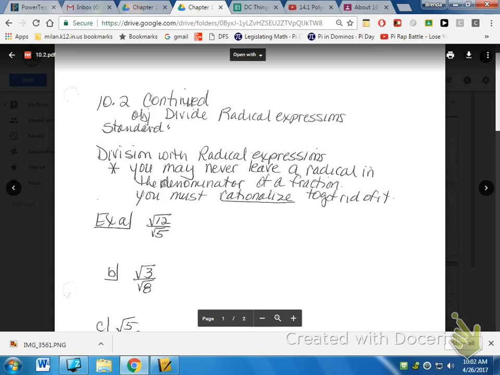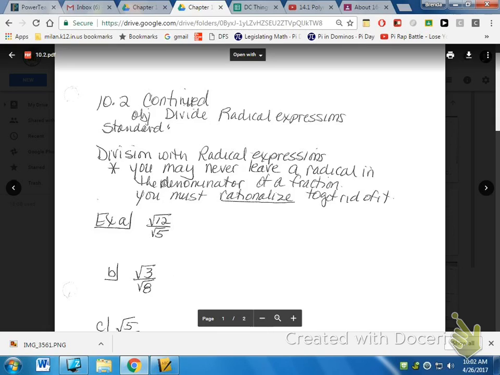Just like we said yesterday, kind of the standard with radical expressions is you never leave a perfect square under a radical sign. Not allowed to do that, okay? Also, you may never leave a radical in a denominator of a fraction. That is never, ever allowed.